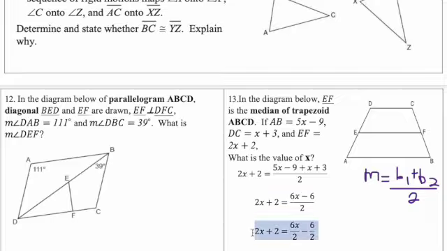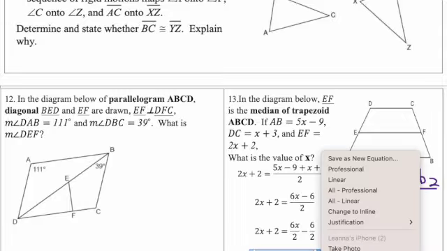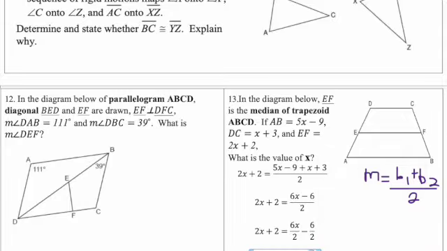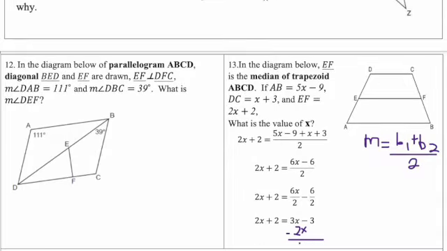Then we do the division, so I can get rid of this fraction, and this will become 3x, and this will become 3. Then I will solve it. I'm going to take away 2x because I like moving the smaller coefficient so that I do not have to work with negatives. And we get x.